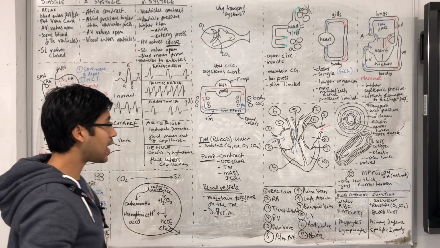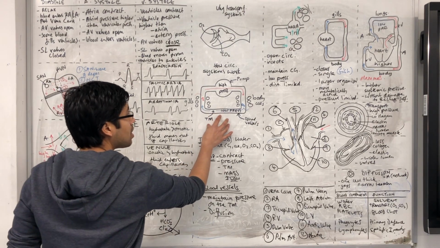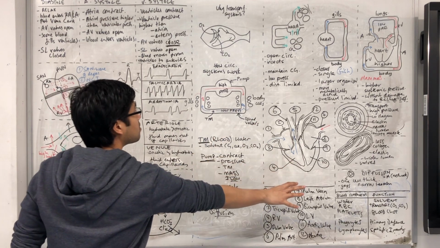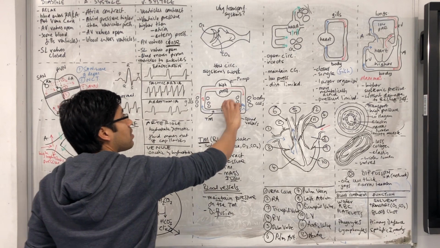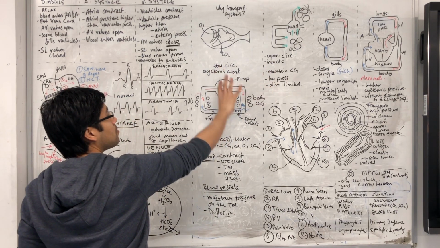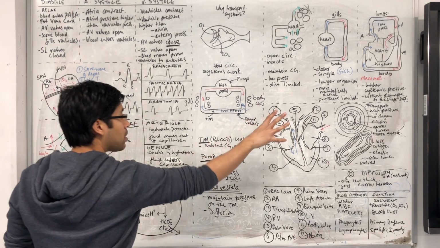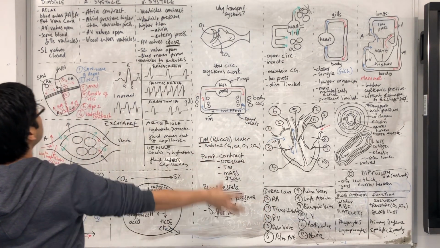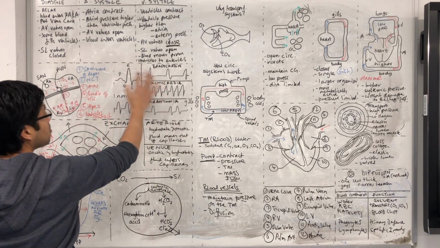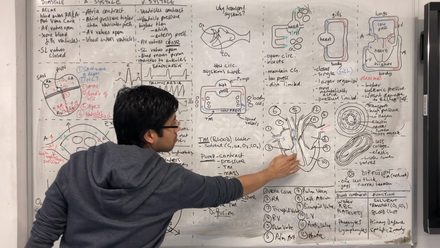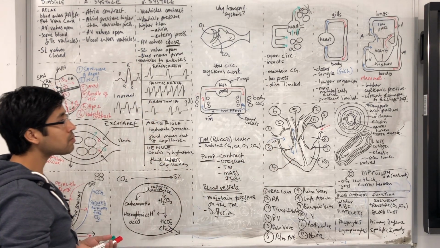And guys, that is transport in animals: the central premise, structures, types of systems, types of adaptations of that system, and structures involved in the mammalian system: heart, blood vessels, blood, and the cardiac cycle, essentially a deep dive into the function of the heart.